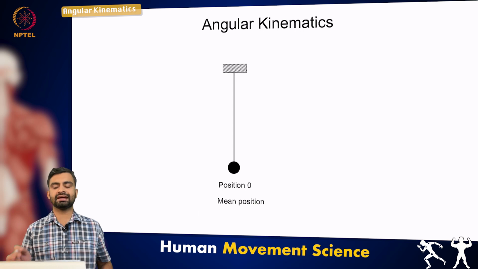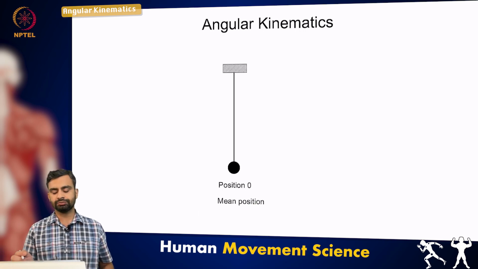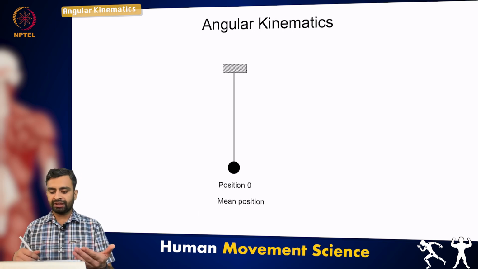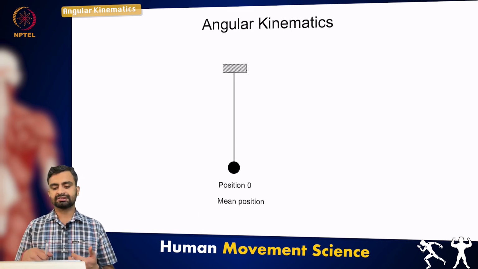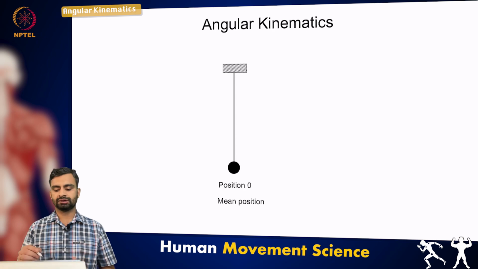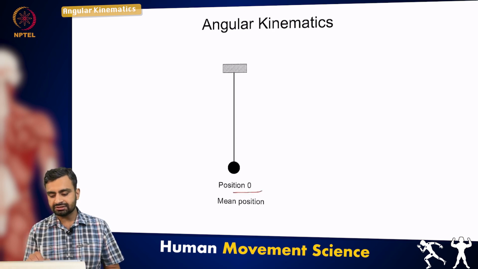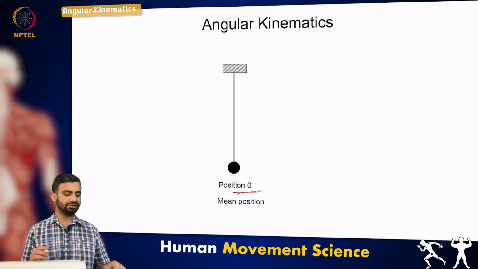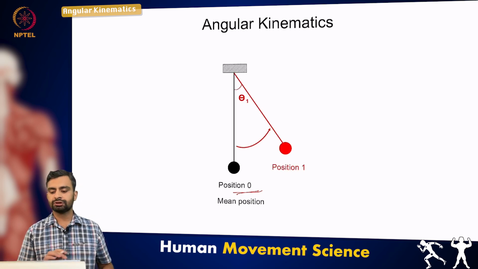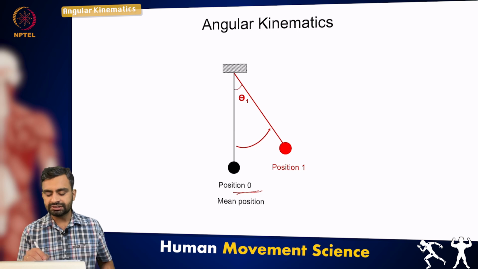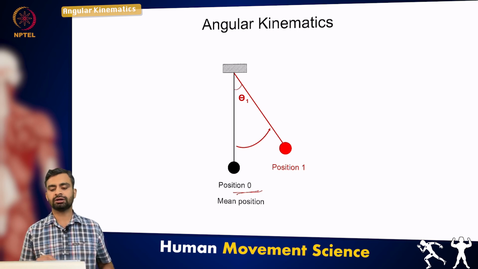So let's start with an example to understand what angular kinematics is. Let us assume a weight or an object is suspended by a rope at a position noted by number 0, known as the mean position. Then it moves to position 1, at an angle θ1 to the original position in an anti-clockwise manner.